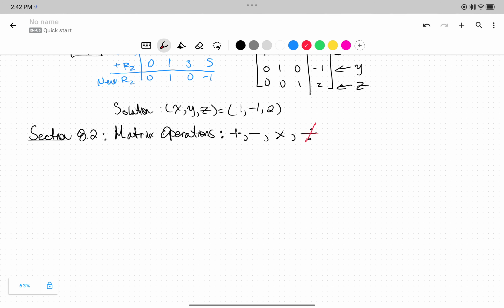The rest is actually going to be pretty straightforward, very easy. So the good news is we got the hard stuff out of the way. So now the easy part, adding, subtracting, and multiplying, is going to be pretty much a piece of cake. Okay, so here we go.